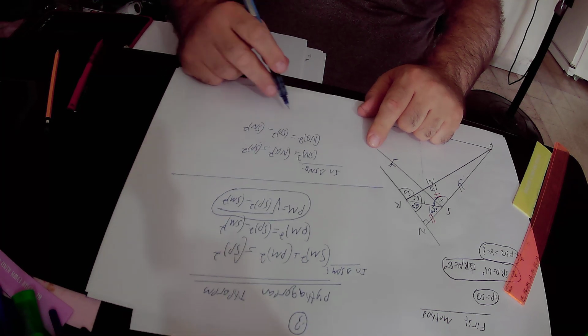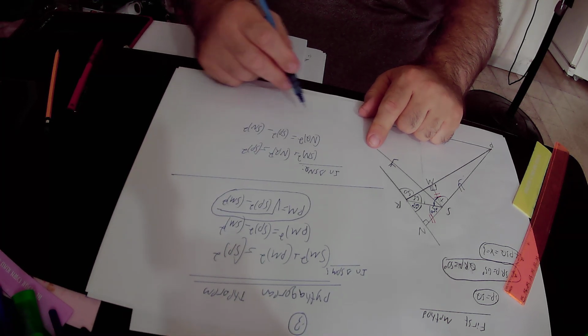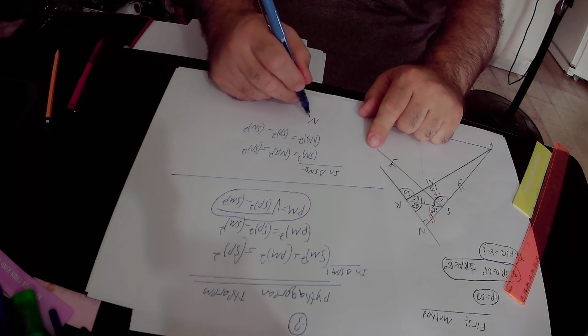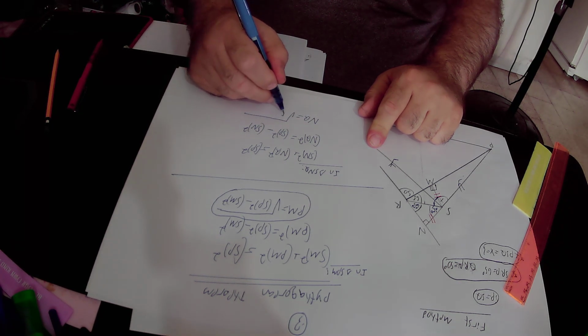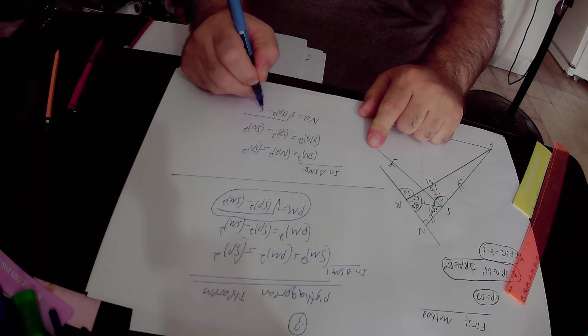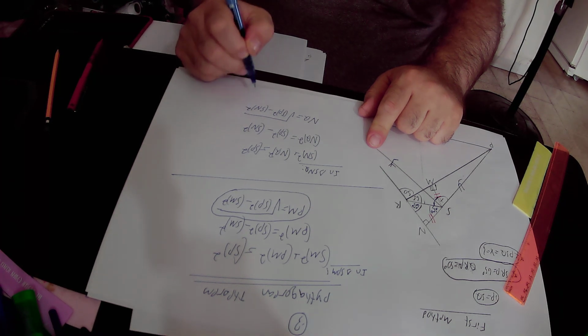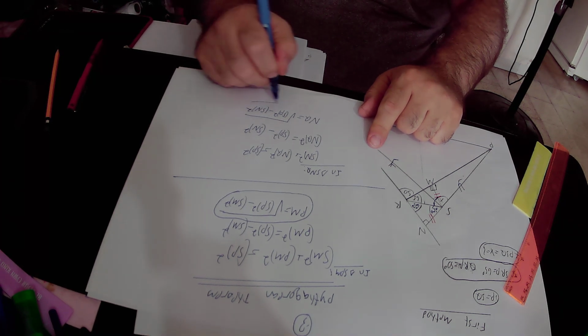So here we will take a root out of this equality, and we will get that NQ equals the root of SP square minus SN square. Okay, so we found out the value of NQ.